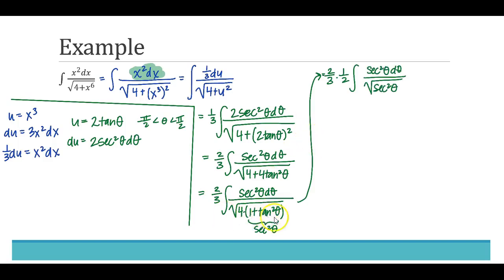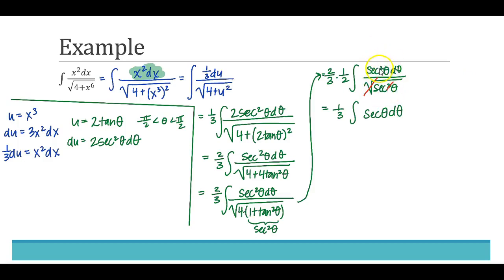So I replaced 1 plus tangent squared with secant squared, the Pythagorean identity. And the square root of secant squared, it does cancel because I'm on that restricted domain. So it's the restricted domain that's going to allow us to do that square root and square canceling here. So then what I'm going to have left to integrate, I have a 1/3 in the front, and I'm just going to have a secant theta d theta left to integrate because the bottom will be just 1 secant.